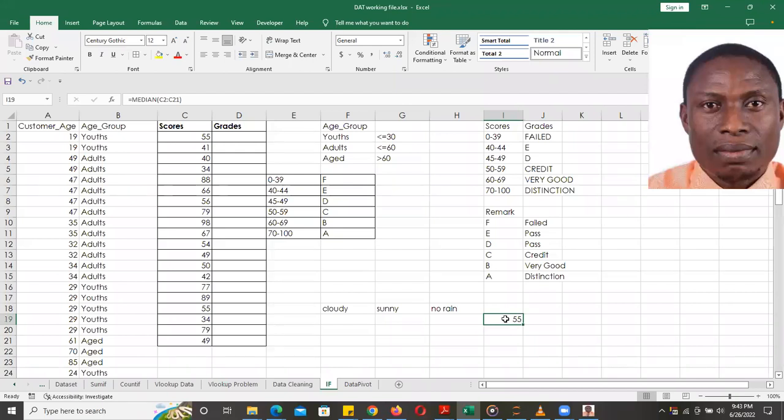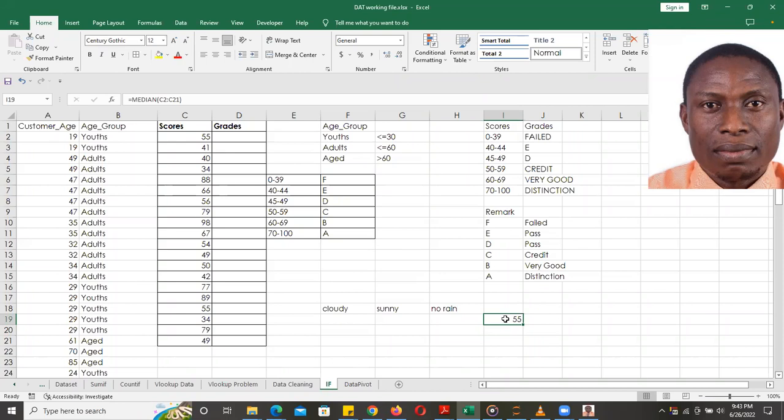And how do we find the median in statistics? You have to rearrange your data first, from the lowest to the highest, from the smallest to the greatest.